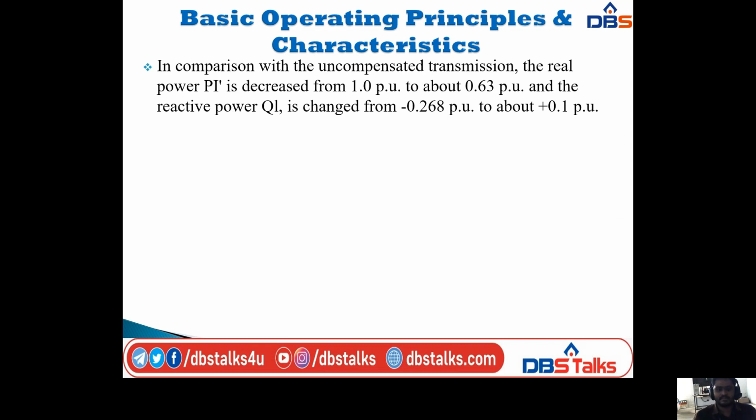In comparison with the uncompensated transmission, the real power P1 is decreased from 1 per unit to about 0.63 per unit, and the reactive power, that is Q1, is changed from minus 0.268 per unit to about plus 0.1 per unit.